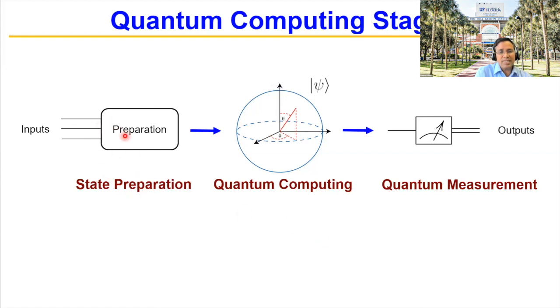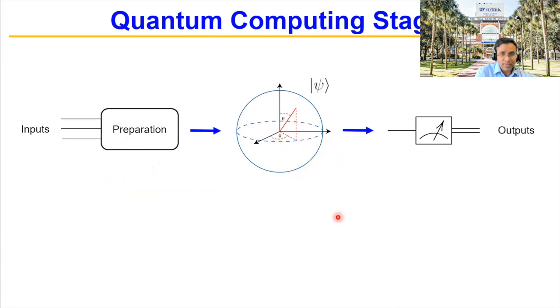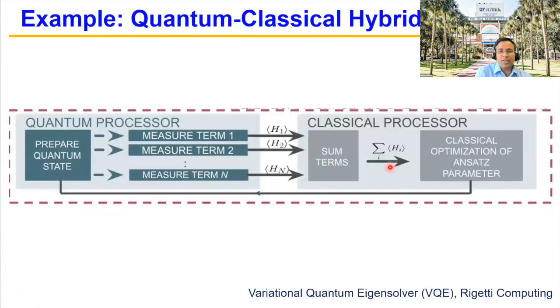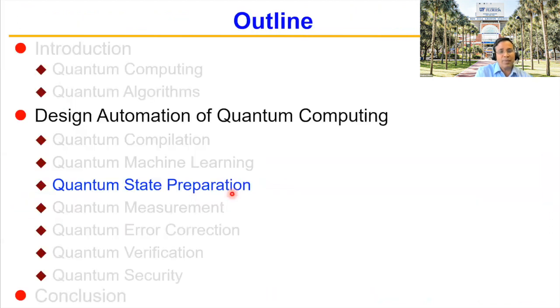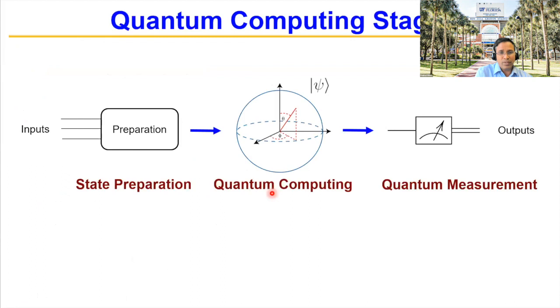So basically, this is state preparation. Although I showed it as a one-time thing, it may happen multiple times. For example, remember the previous story of classical and quantum. You have to come back and prepare state, do computation, prepare state. So I'm just focusing on state preparation, which is a part of a lot of places.